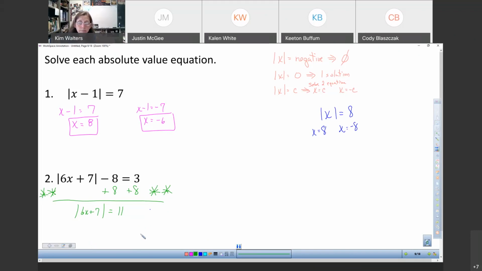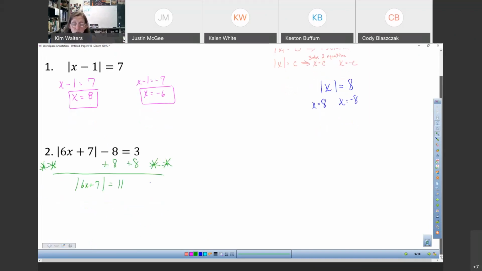All right. So now, in keeping with what we did in the previous problem, I'm going to solve two equations. I'm going to take what's inside that absolute value, my 6x plus 7, and set that equal to positive 11.